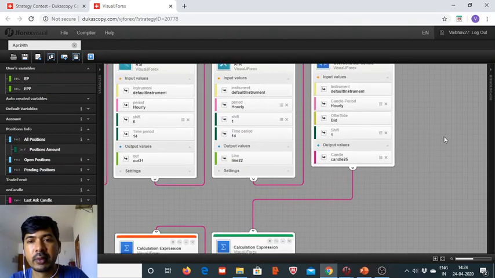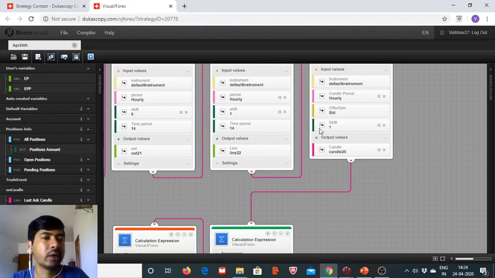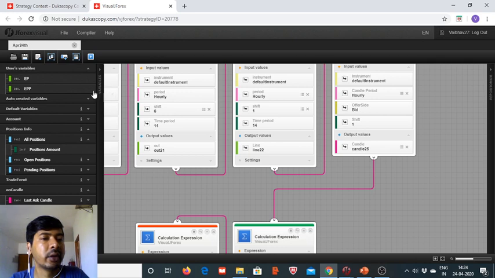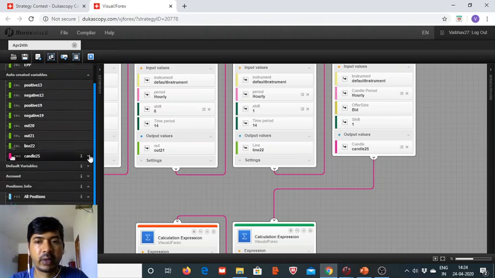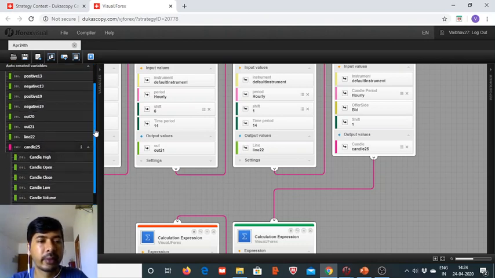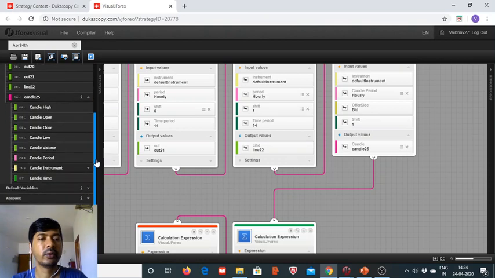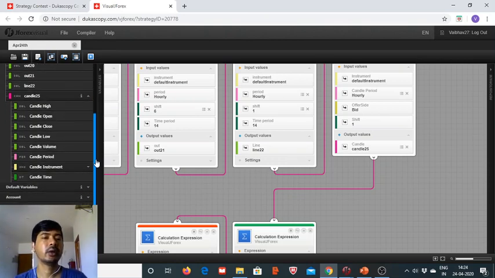Yes. Now candle 25 is closing level. Since we are calculating the buy side, we need to take into account the candle 25 closing level, and for that we will be looking at the auto created variables here, and the candle 25 is of use while determining the buy and the sell side.